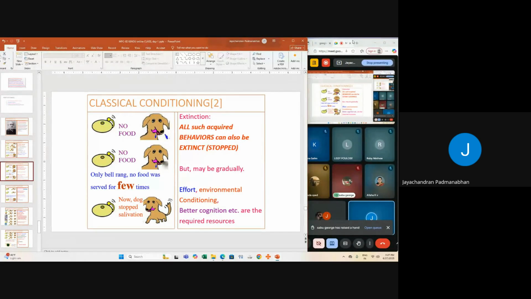So in the cognitive theory of Jean Piaget, you will come to know the importance of environmental conditioning and going to nature to study all these things. So the effort means for a small child, just imagine a very small child, he may not take effort unless he is motivated.